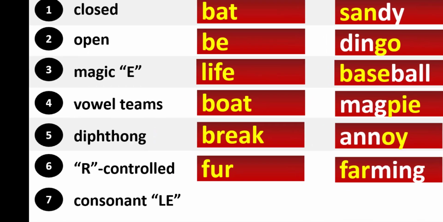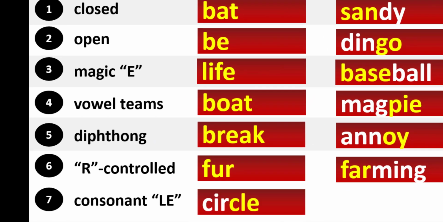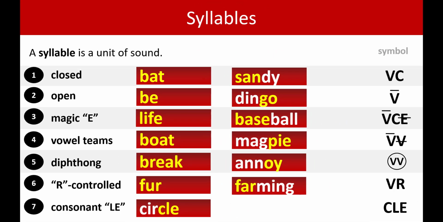An example, circle. So kul in the word circle. There are no one syllable or monosyllabic words with a consonant LE syllable. Here is the symbol CLE. Here's another example, candle, consonant LE.